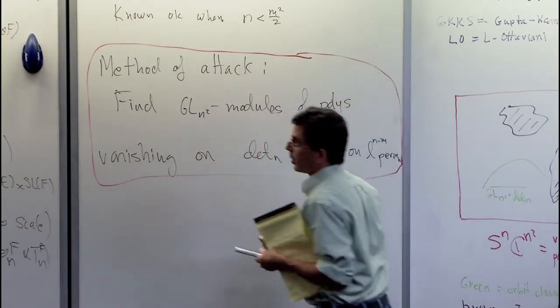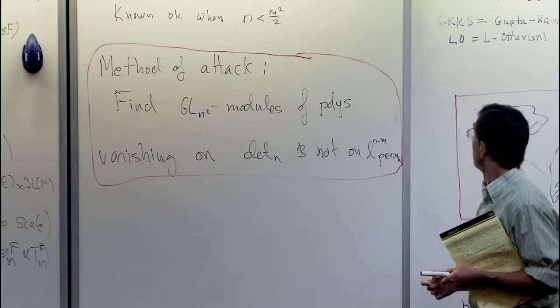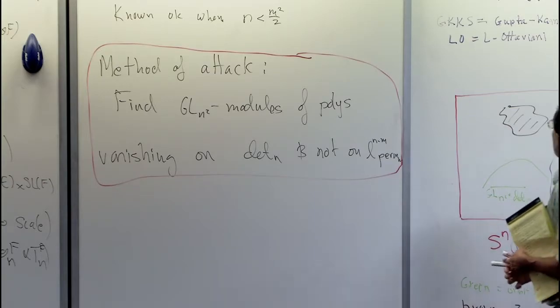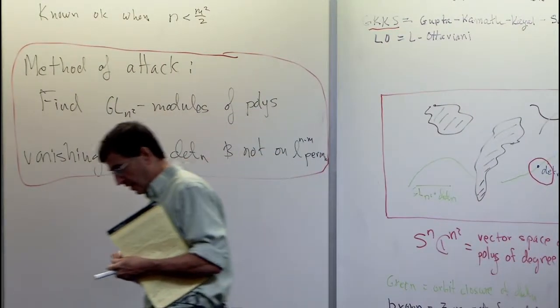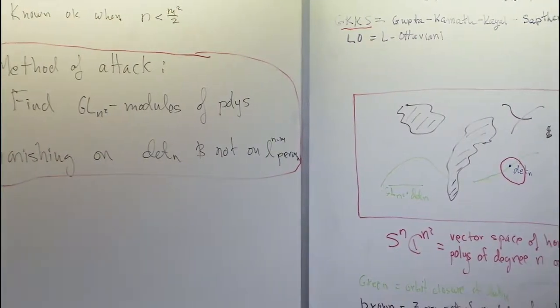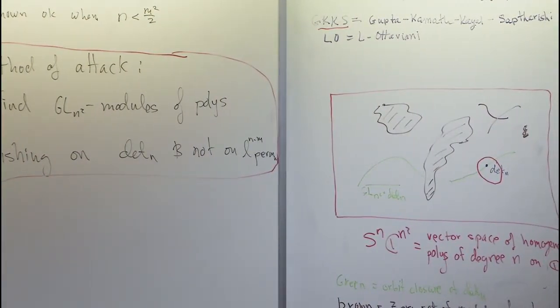So first, I'm going to review a method first used by Kayal and then used extensively in this four-author paper. You heard a little bit about it last night, called the method of shifted partial derivatives. And then I'd like to explain two different generalizations.